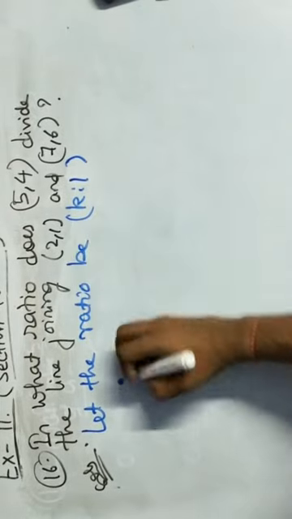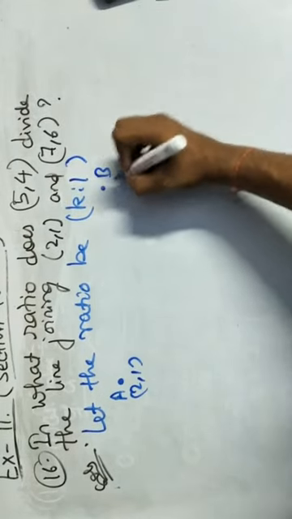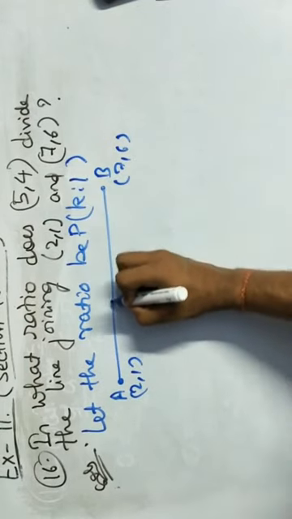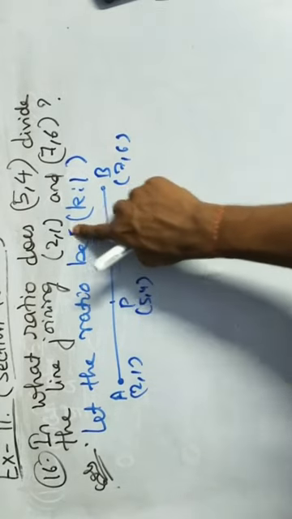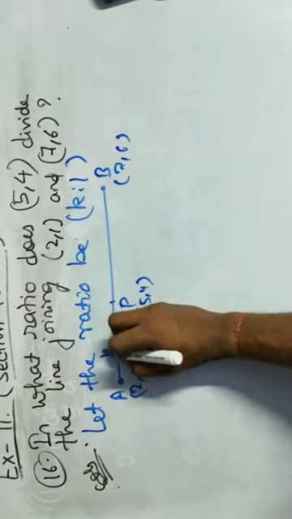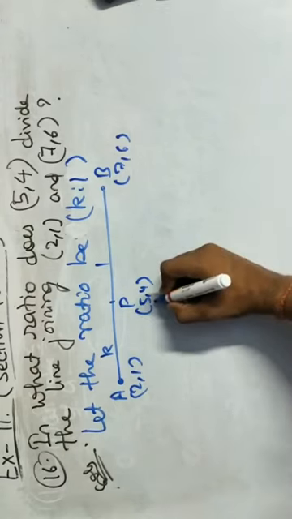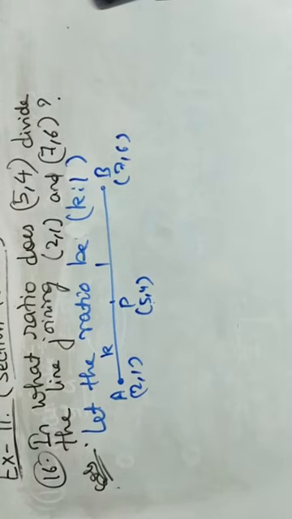Now the given points are 2, 1. Let's take it as A, and then B 7, 6. This point P, that is 5, 4, is dividing this line AB in the ratio k:1. You have to find the value of k. So what you will do is, you will simply find any of the coordinate, either x coordinate or the y coordinate. You will easily get the value of k.